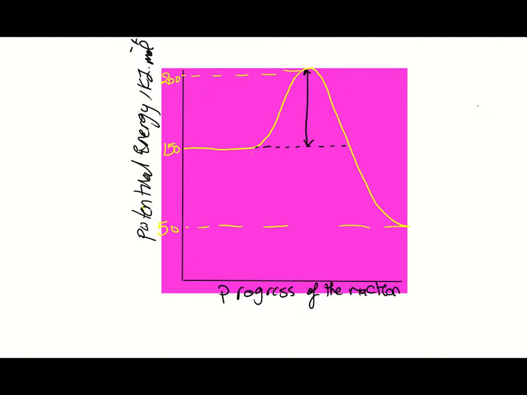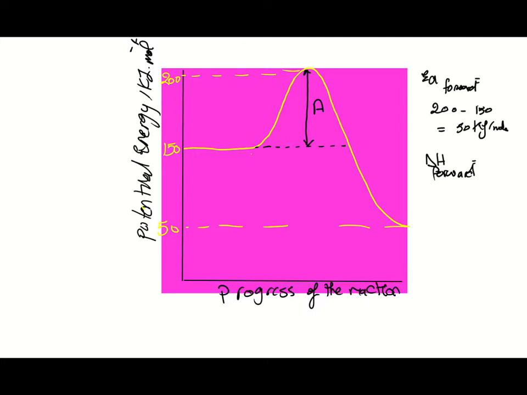Here I will express it by A, and I will say that the activation energy for the forward reaction equals 200 minus 100, equal 50 kilojoule per mole. And then what is the enthalpy change of the forward reaction here? Enthalpy change, very simply, is the overall change in the reaction, which is the difference between the energy in the products and the energy in the reactants.